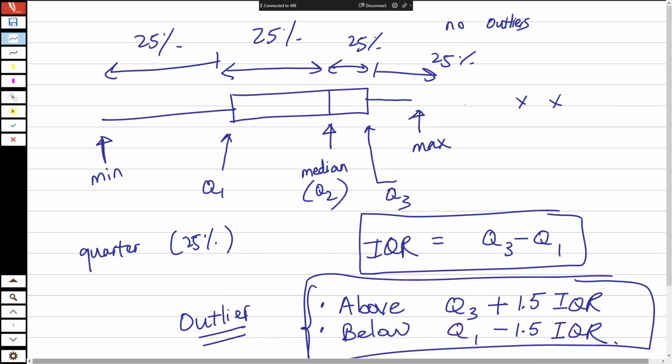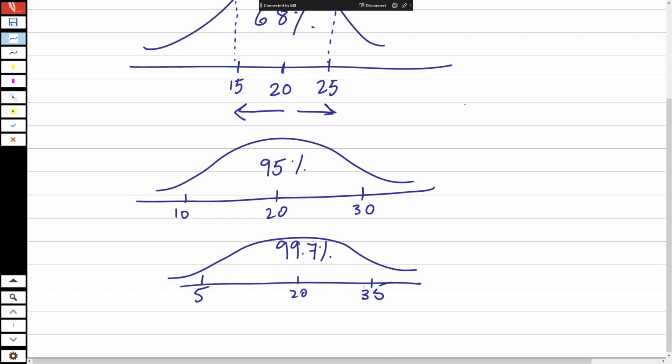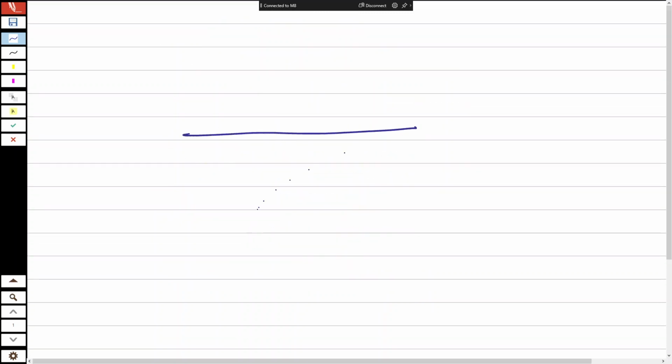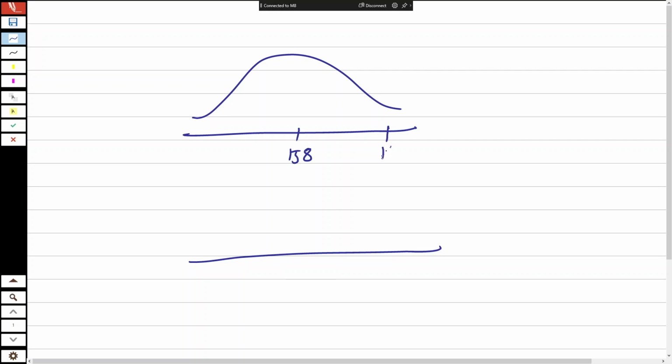Let me go back to the other. So I think it might make a bit more sense now what I'm trying to do. So 158, 166, 0, 2. So this is x bar. This is z. X bar is 158.